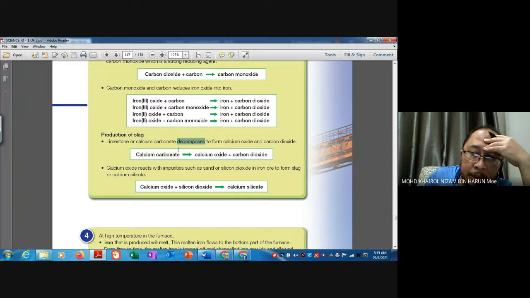This is the equation. Calcium carbonate decomposes to form calcium oxide and carbon dioxide.